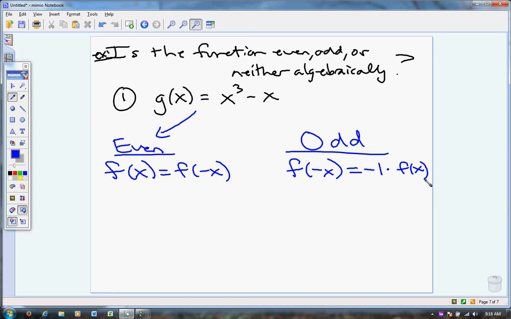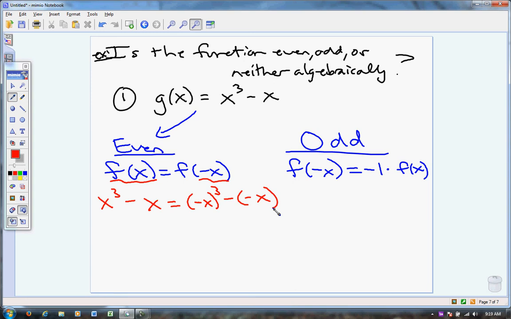So, let's check to see if it's even first. If it is even, then the original function, which is x cubed minus x, has to equal the original function when I plug in a negative x. So let's plug in a negative x. Negative x cubed minus a negative x.